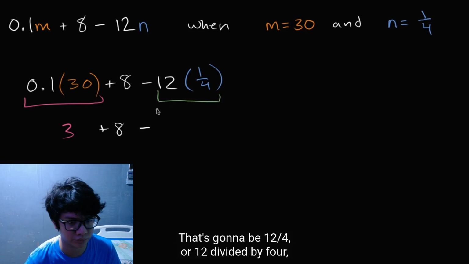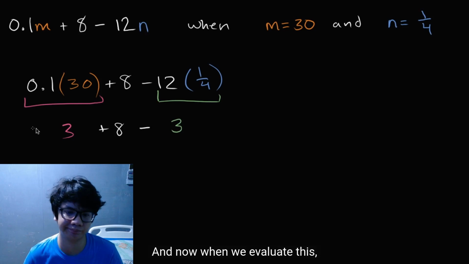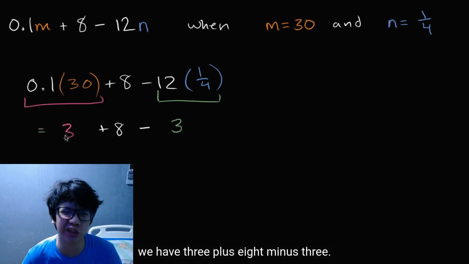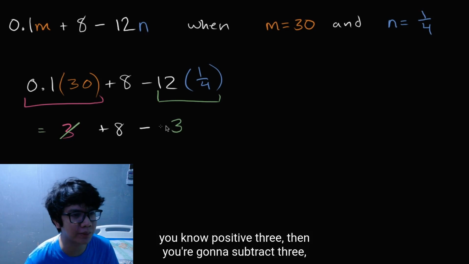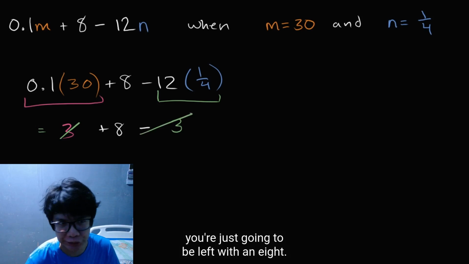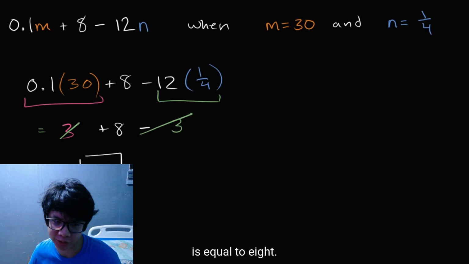That's going to be 12/4, or 12 divided by 4, which is going to be equal to 3. And now when we evaluate this, we have 3 plus 8 minus 3. You have a positive 3 and then you subtract 3, and you're just left with an 8. And you're done. This expression, when m is equal to 30 and n is equal to 1/4, is equal to 8.